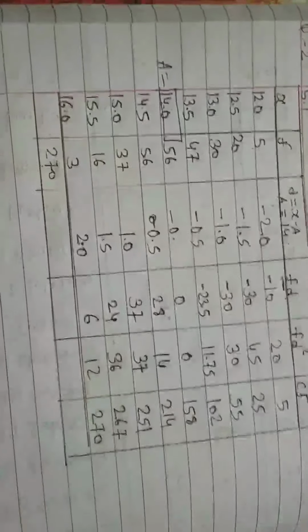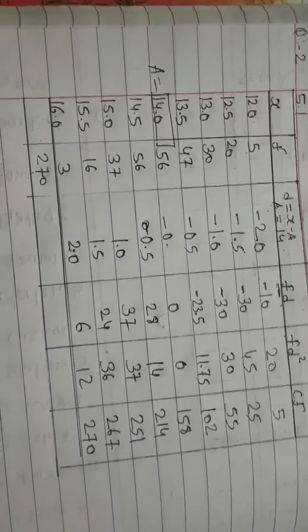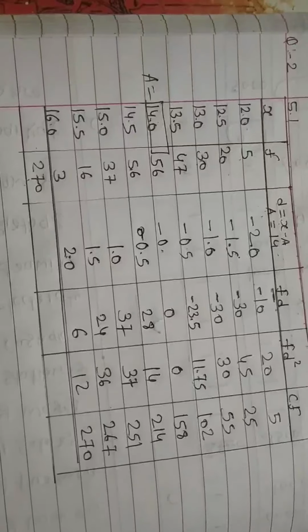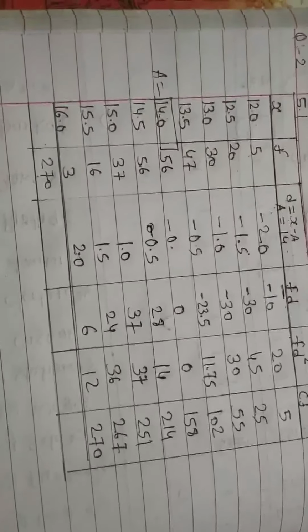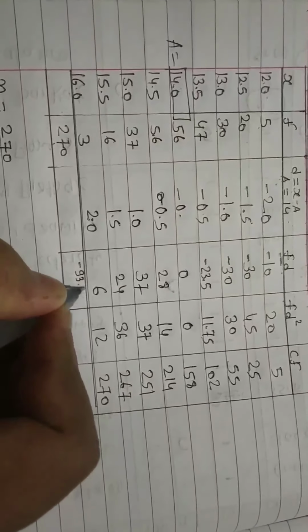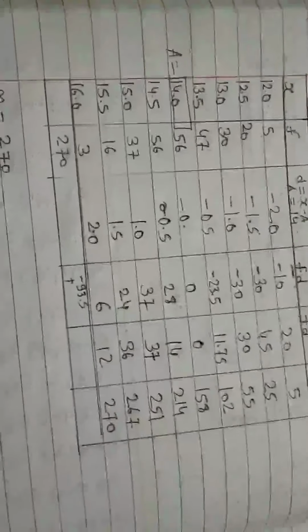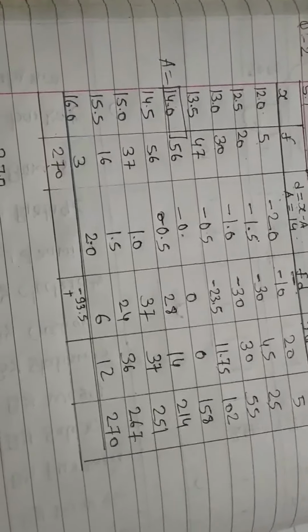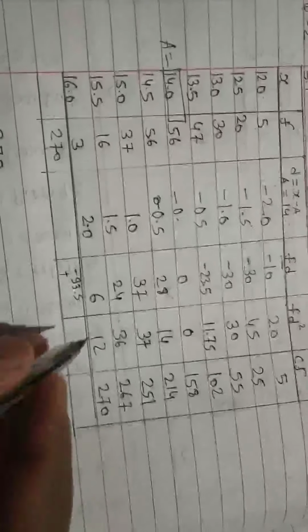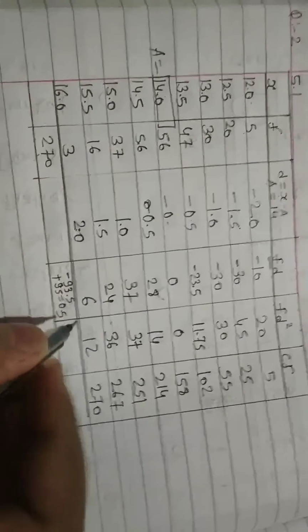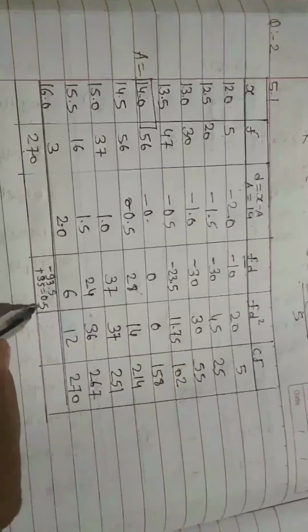Next we add the columns of fd and fd square. Sigma fd: minus 10, minus 30, minus 23.5 gives minus 63.5, plus 28 plus 37 plus 24 plus 6 gives 95, so sigma fd equals plus 0.5.